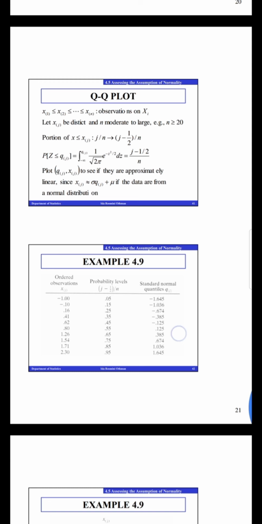And then we do the partition to know the distribution for every X yang ada.